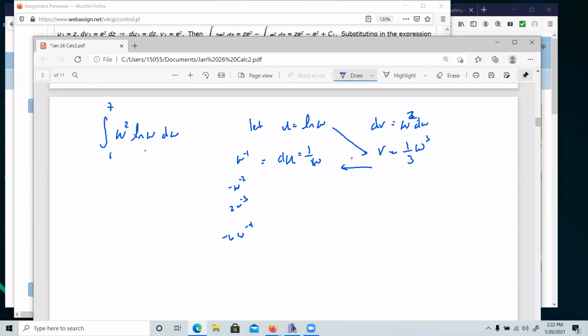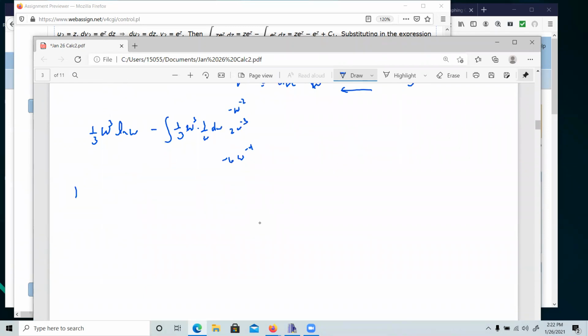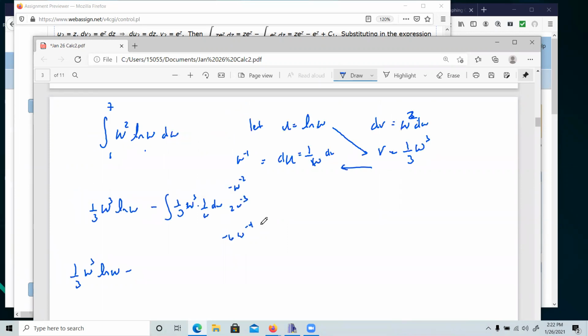Okay, so here we have our integral. We have 1/3 w cubed ln w, right? That's here. And then minus the integral of 1/3, and here we have w cubed times 1 over w, dw. All right, so let's go ahead and make a little bit of room. So we have 1/3 w cubed ln w minus, well, we have 1/3, right? Do we have a third? We do.